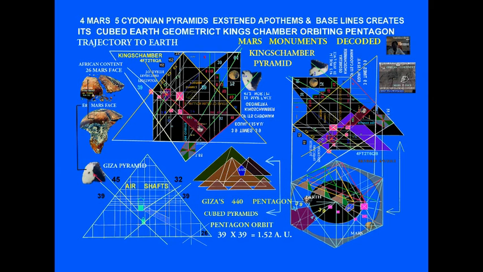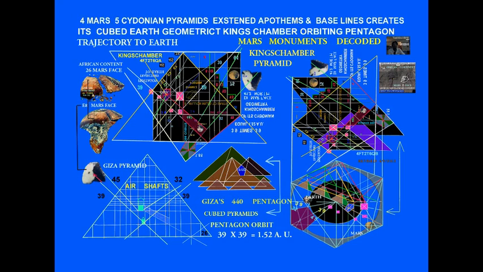I was able to apply it to a cubed Earth-Mars orbital trajectory that reveals a rectangular King's chamber. Now this King's chamber is viewed here in the second pyramid in North Africa of Khufu.